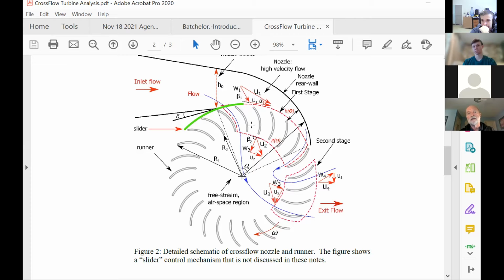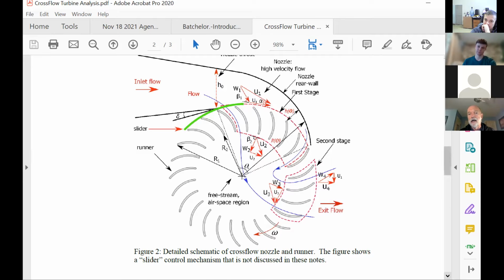And the difference between the angular momentum that's coming into the blades and the angular momentum leaving the blades is going to be the torque acting on the axis of rotation. And if we have a steady flow, and all the control volume analysis that we're going to be looking at assumes the flow is steady because that makes the analysis a lot easier, then as soon as we know the torque, we simply multiply it by the angular velocity of the blades, and that gives us the extracted power.